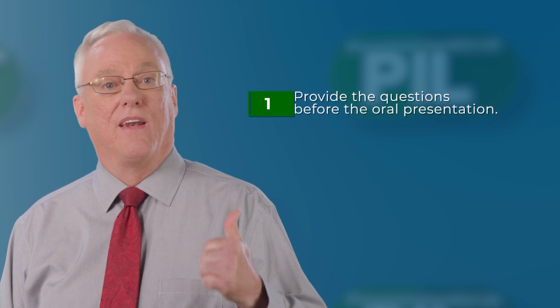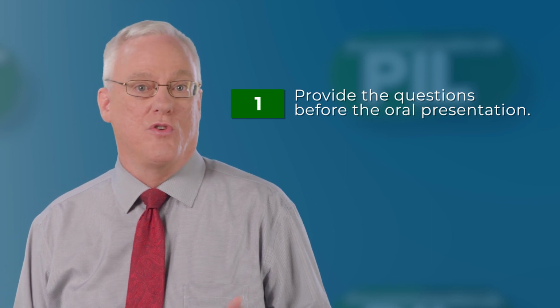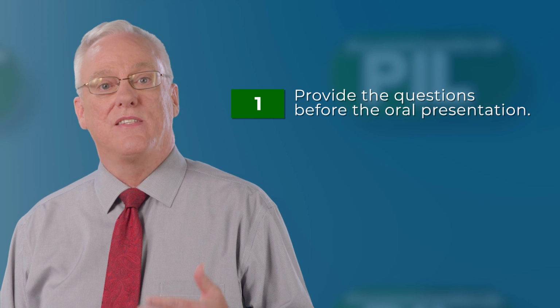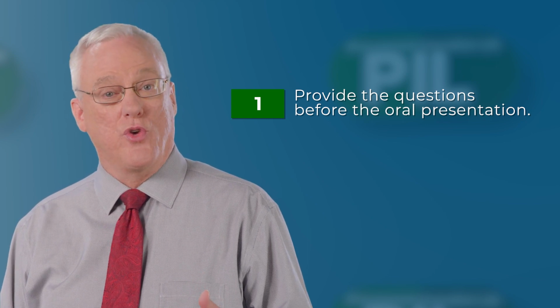Here are 3 ways to present standard questions, and we can use one, some, or all of these approaches. First, we can list the questions in the solicitation or otherwise provide them to offerors a few days or a week before the offeror's scheduled oral presentation. This allows an offeror to carefully consider the questions and to pre-script and rehearse its answers.